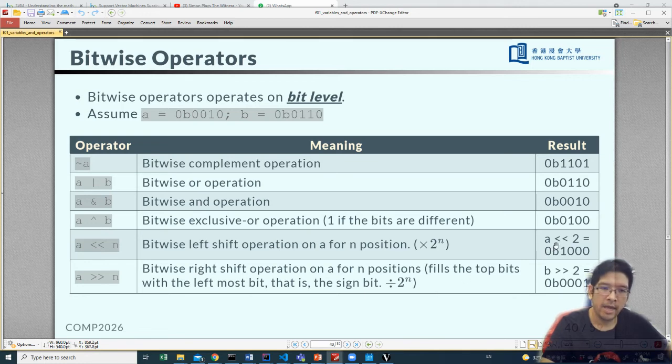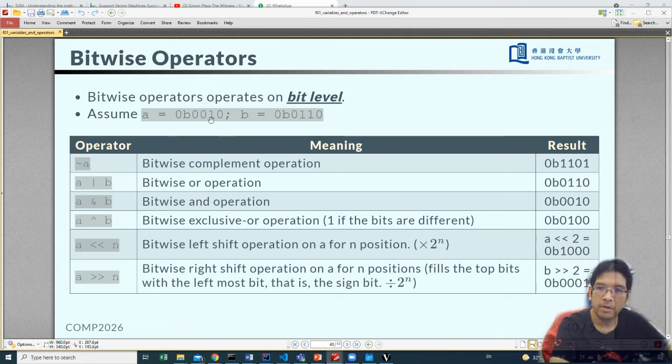So effectively, A shifted to your left by 2 bits, which means shifting this entire string 2 blocks to your left. So this one will go 1 bit and 2 bit, so that will become 1, 0, 0, 0.